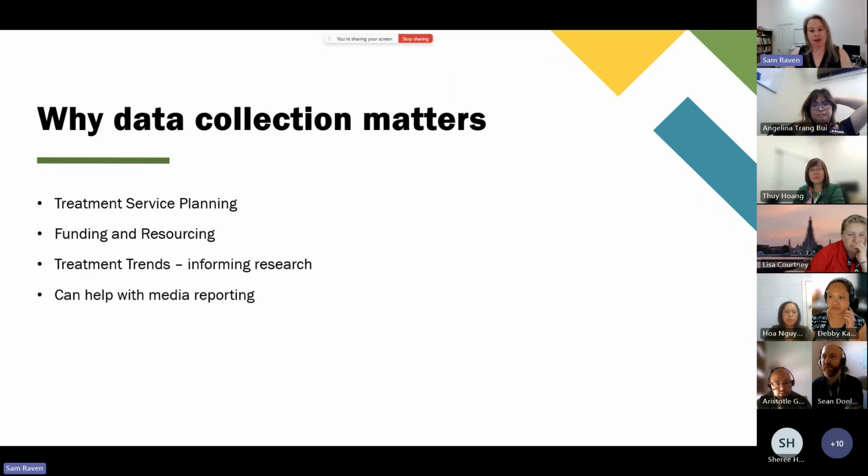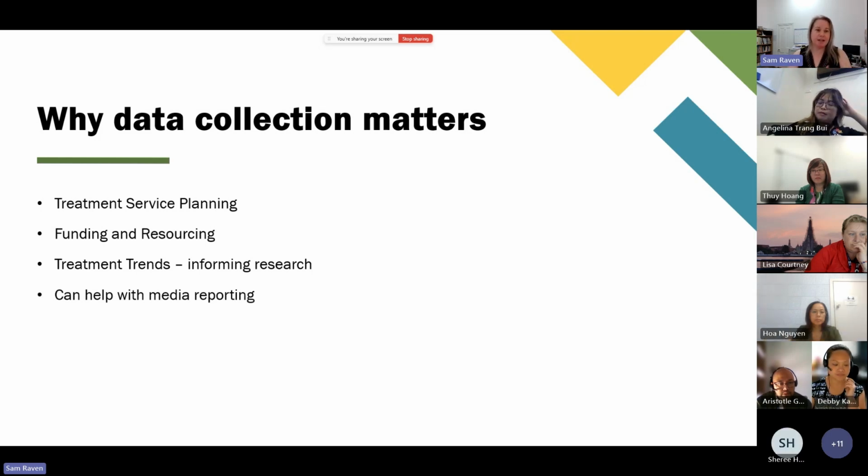It captures treatment trends, and I'll talk a little bit about that in a couple of slides as well, that we can look at what's happening within treatment, and it can help to inform all sorts of things, from where we need extra training for staff or for our workforce, to where trends might be emerging, where it can inform our research agenda, where there might be more research needed into a particular drug or a particular method or approach for treatment, that kind of thing.